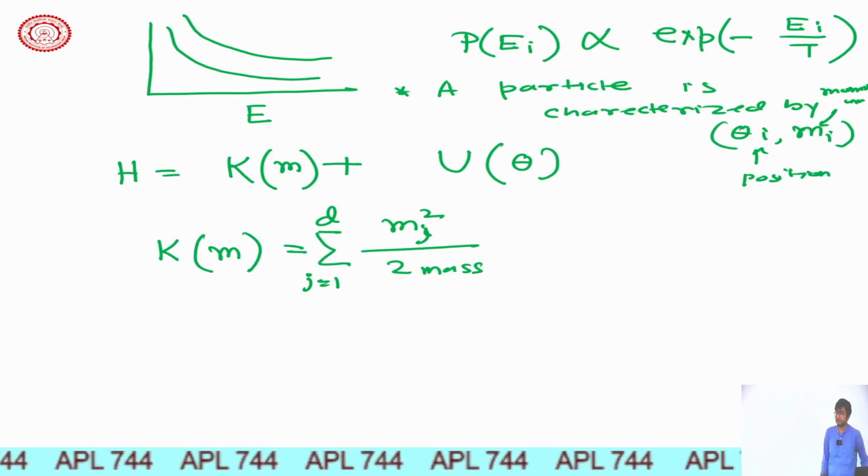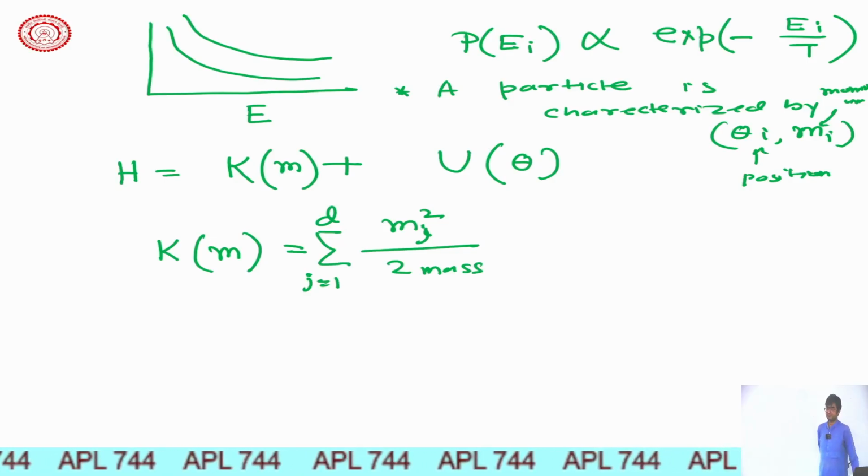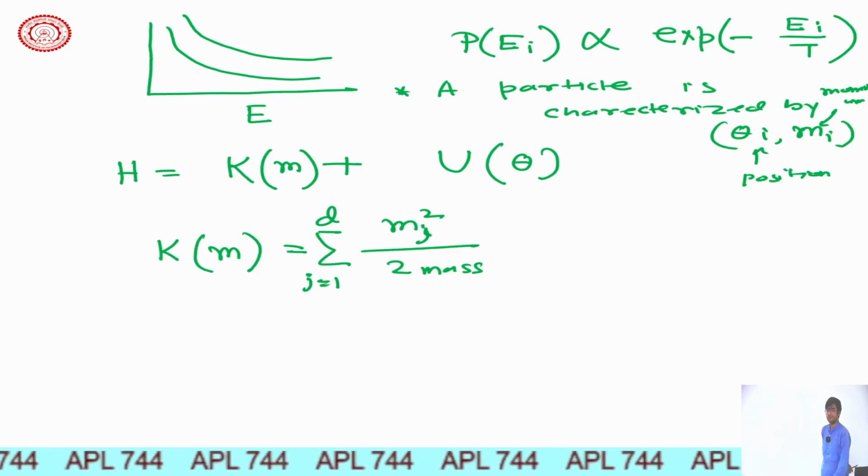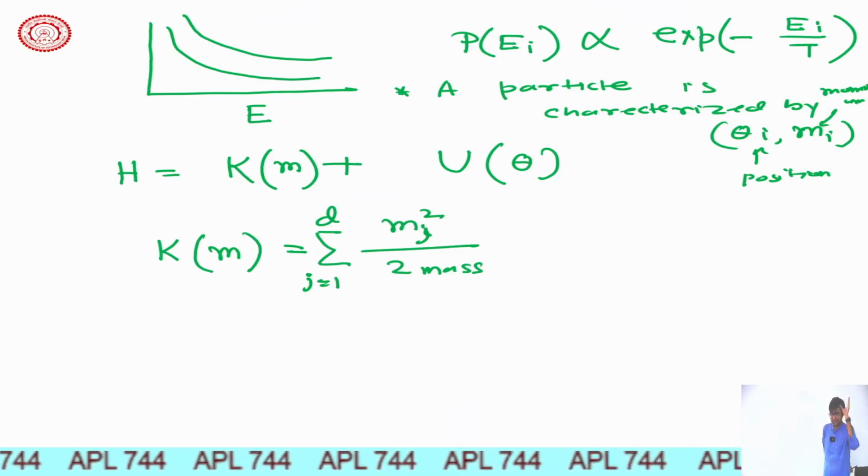So can someone explain what d is, or what the index j is indicating here? Number of dimensions. In the physics sense we will have a maximum of 3 dimensions, but in probability it can be 100 dimensions also, because my particle may not be univariate.